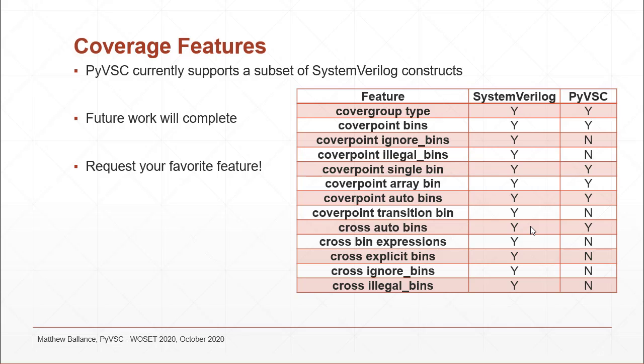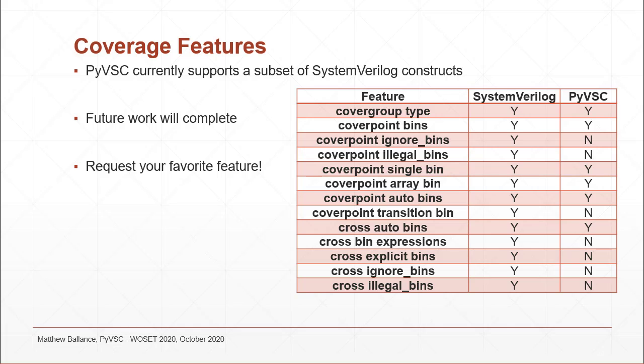Now, the coverage features that PyVSC supports are a bit more limited, or a bit more of a subset of the SystemVerilog constructs compared to the constraint constructs. We have the fundamentals covered in terms of cover point types, cover point instances, or cover group types and instances, basic bins, arrays of bins, single bins.